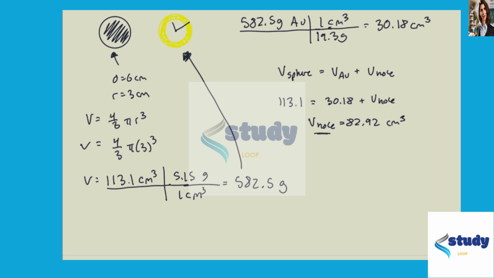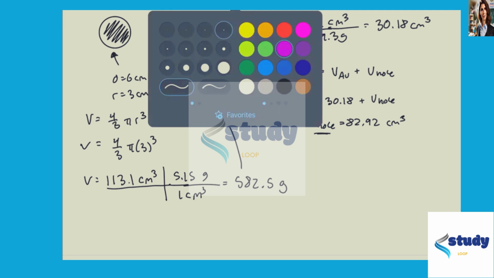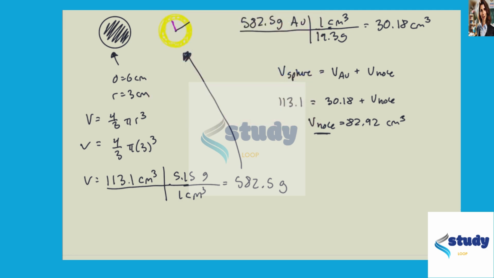So we can calculate this radius here. And if we look, the difference between the radius of the sphere and the radius of the hole is actually the thickness of the gold layer. So first, we solve for the radius of the hole and then use subtraction to find the thickness of the gold layer.